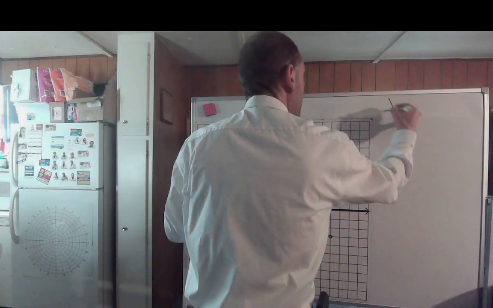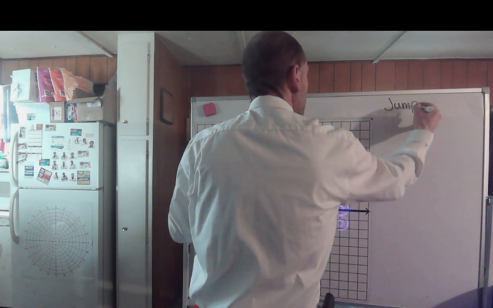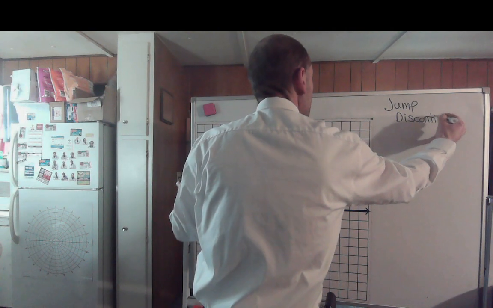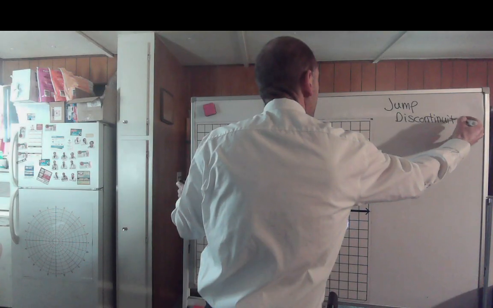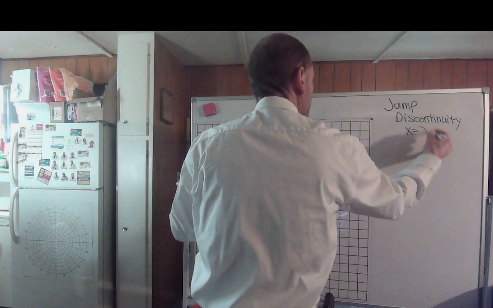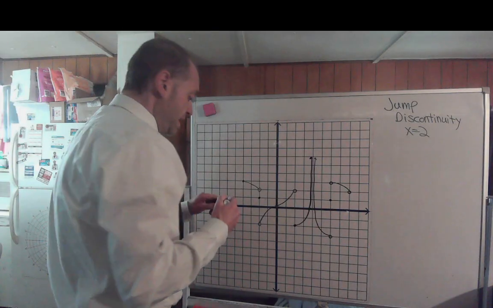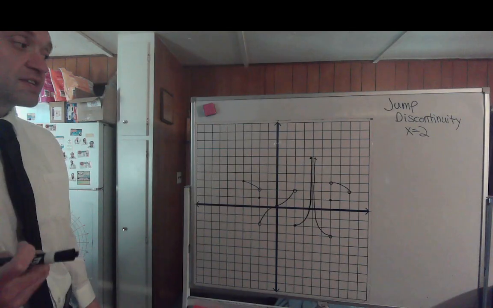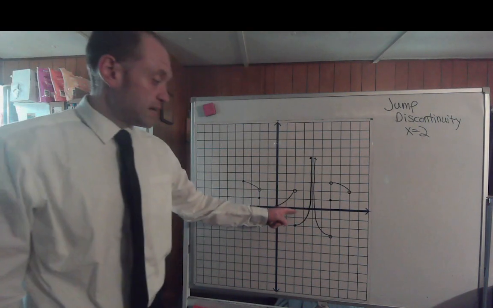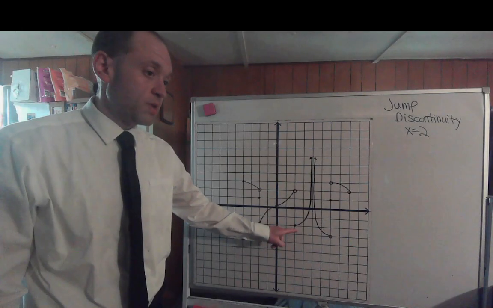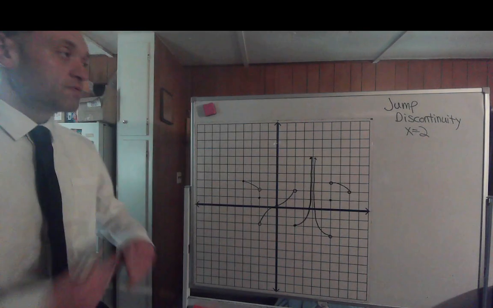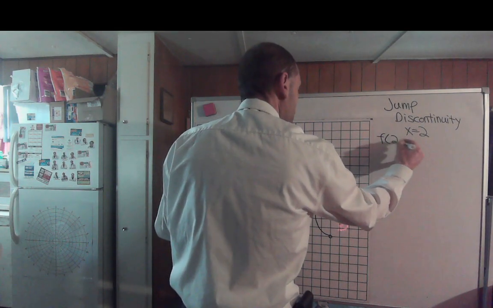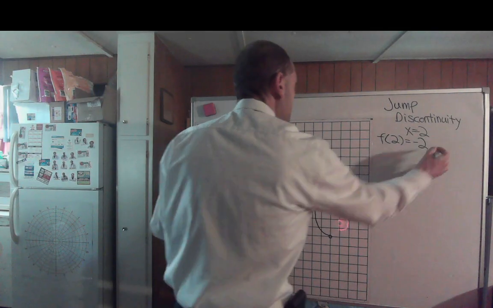So we have another jump discontinuity at the value x equals 2. Now, the next question is, what is f of 2? In other words, is it defined there? If we look down below, we have a solid dot when x equals 2 at the y value of negative 2. So f of 2 itself would equal negative 2.